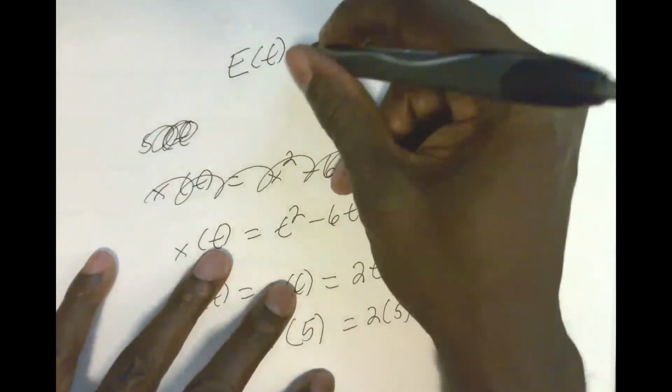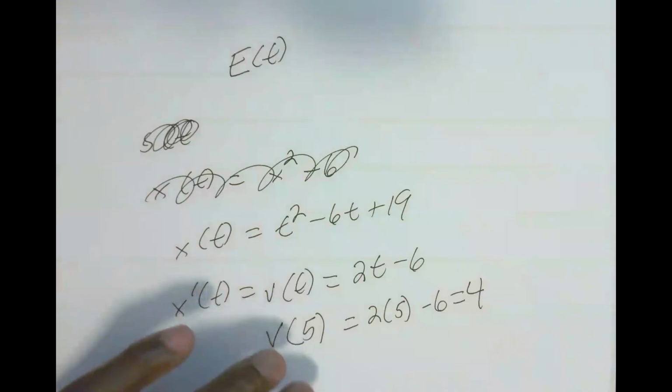Another type of problem, say the rate at which people are entering a building is some particular function. So E of t is the rate at which people are entering the building.